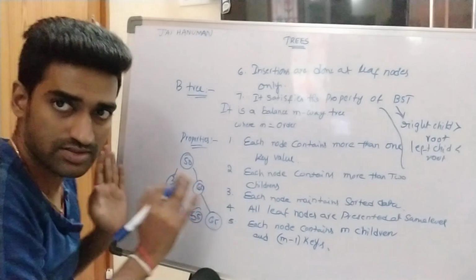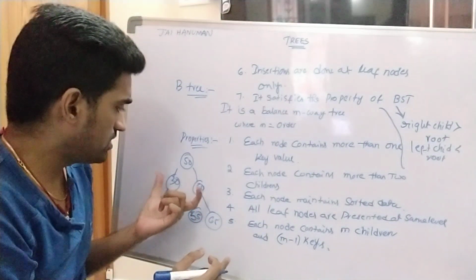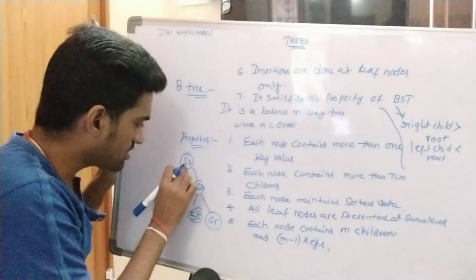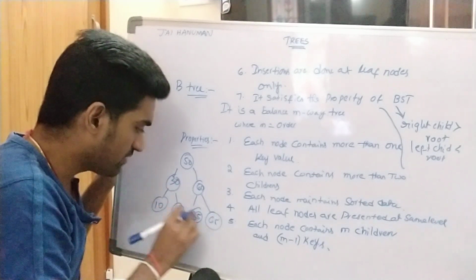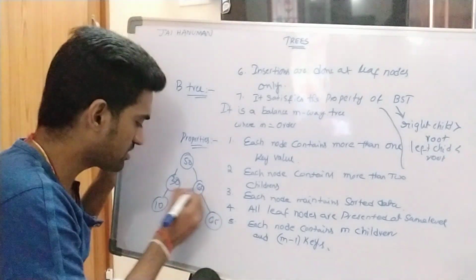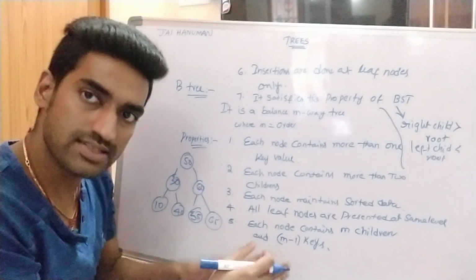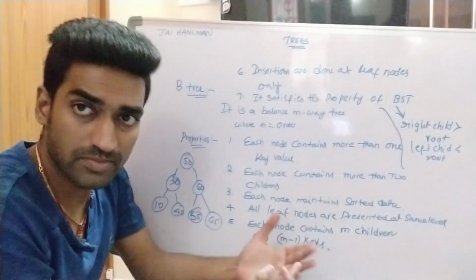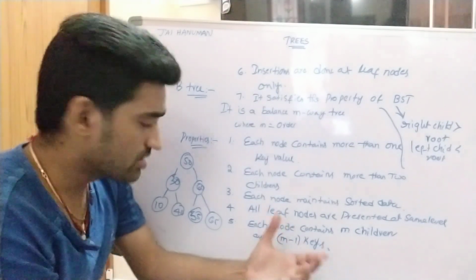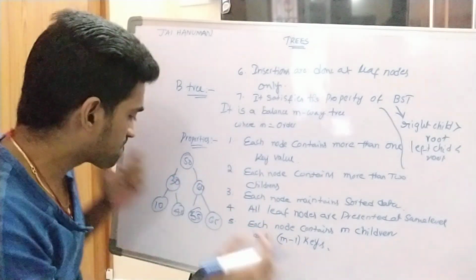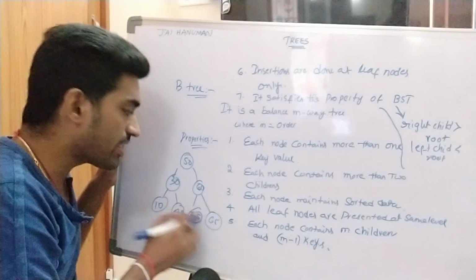So this is our binary search tree. Here in this tree, each and every node contains only one value, and this value is nothing but the key value. So in binary search trees, AVL trees, and binary trees, each and every node maintains only one key value.